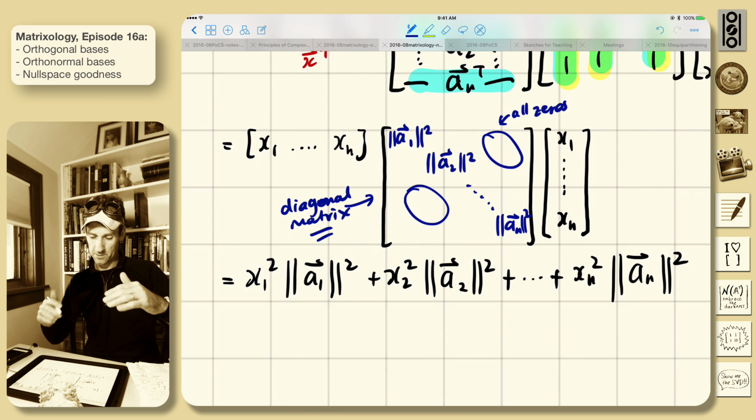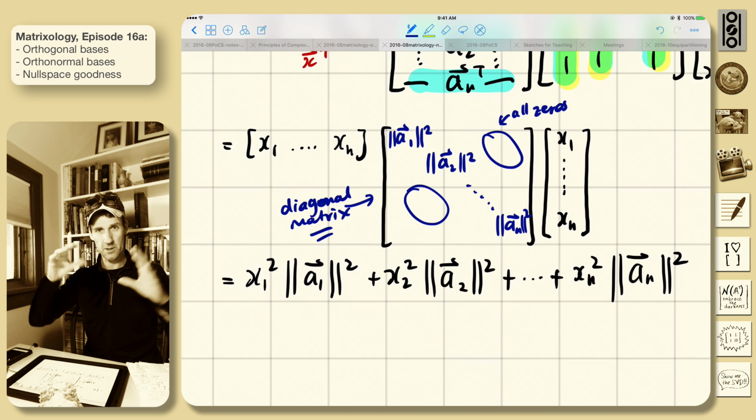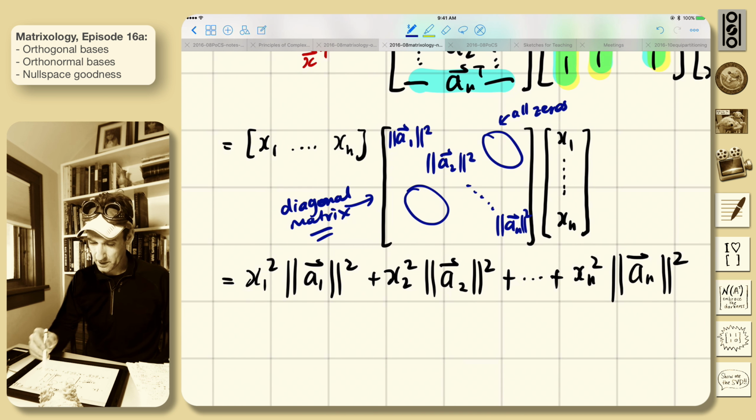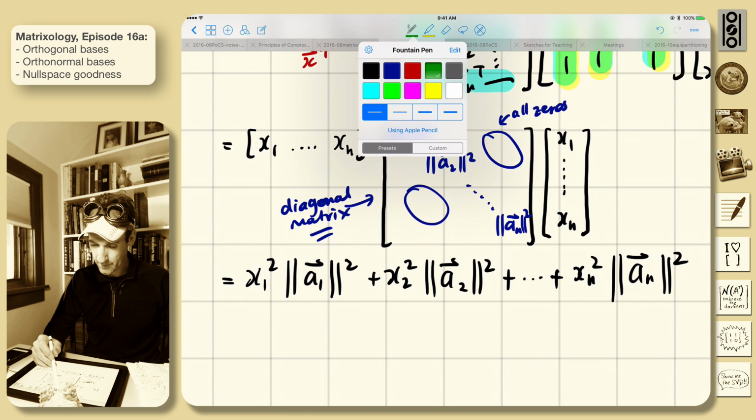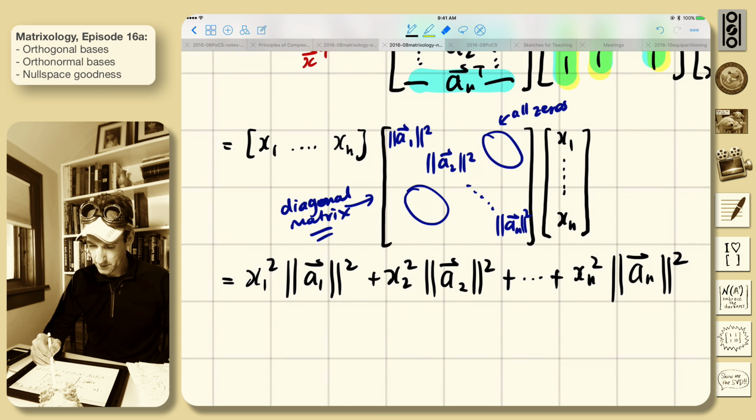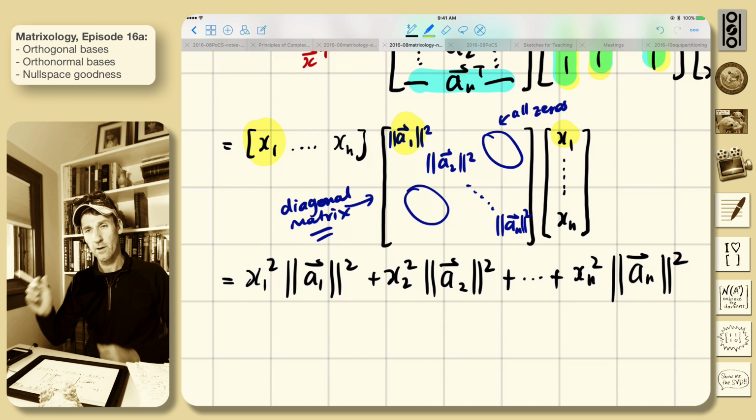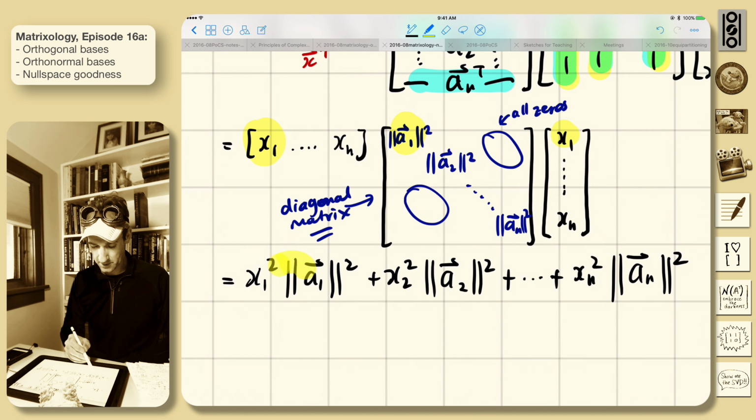And if you think about how this works, as you multiply these, this is a special kind of structure, X transpose matrix times X. All that gets picked up as you go through: X1 times this piece times X1. And then it'll be X2 times the length of A2 squared times X2 again. So that's this structure popping up.